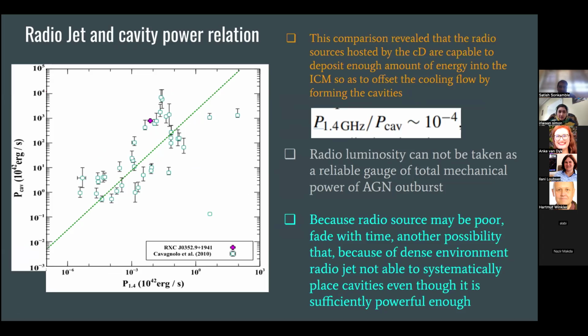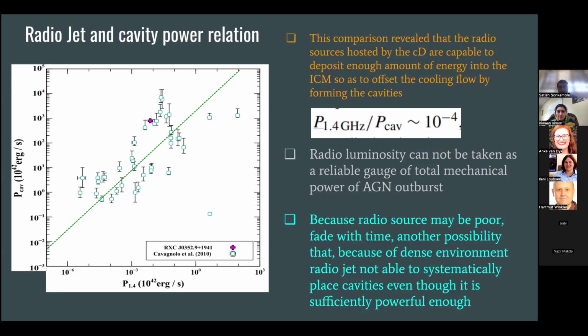if you see the ratio of these two estimates, this ratio has a very large scatter, and because of the large scatter, we get no tight correlation. Also, the cavity measurement is done visually, so it is also prone to systematic errors. Because of that, the scatter is quite high. Also, some systems with weak radio power show very powerful radio jets or lobes.